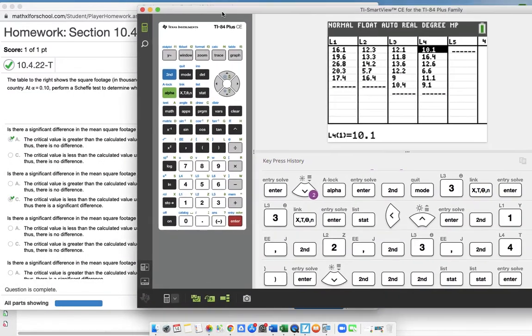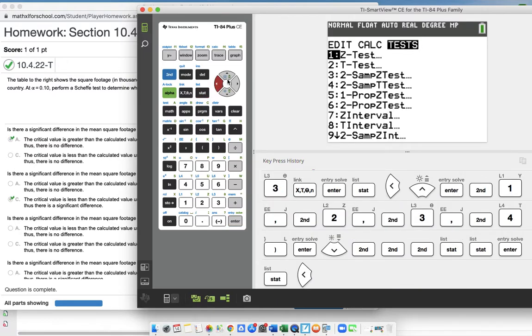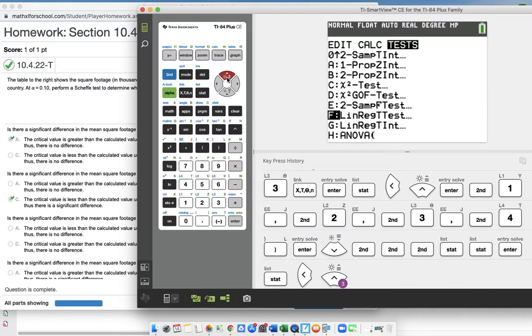Good. All right, so the next thing you do is you want to compare these two. Now, you can use 2-Var Stats. However, with 2-Var Stats, I can't compare L1 and L3 because they have different sample sizes. So I always choose to use the 2-sample F-test, because it doesn't matter.